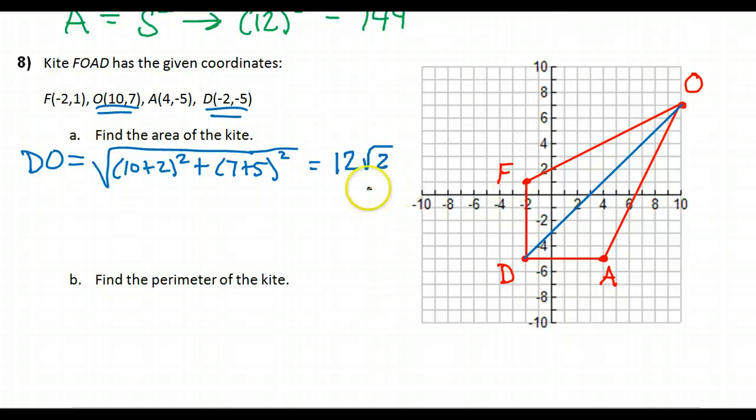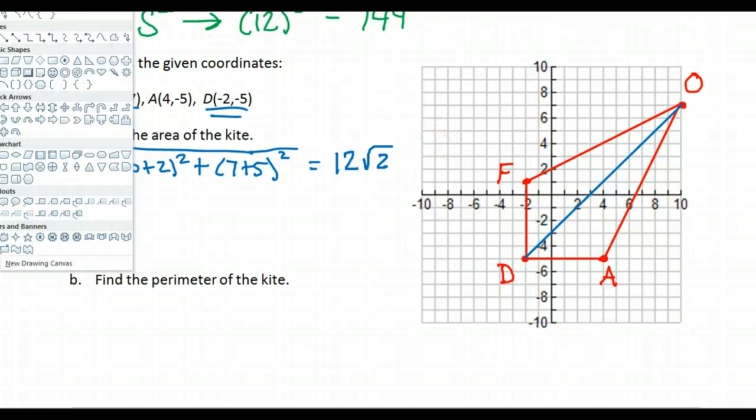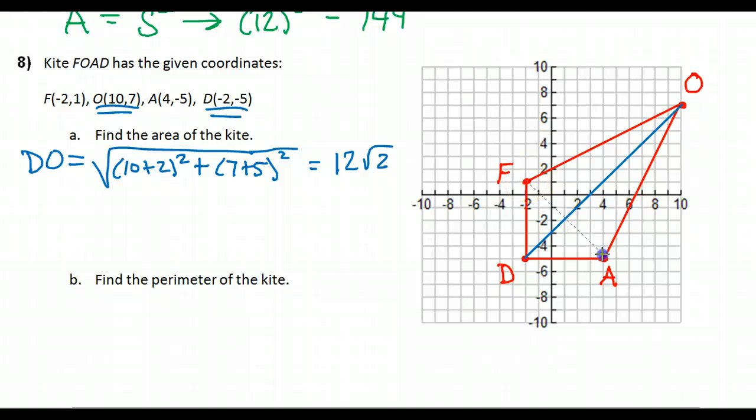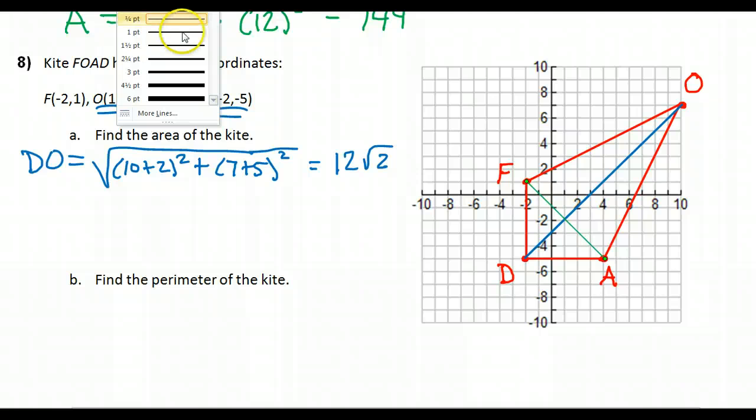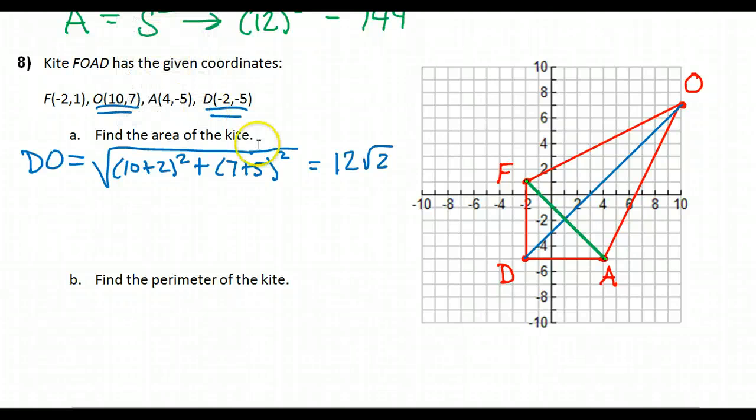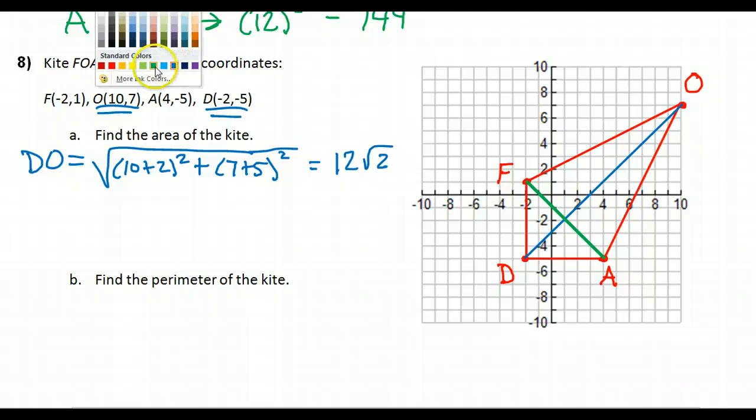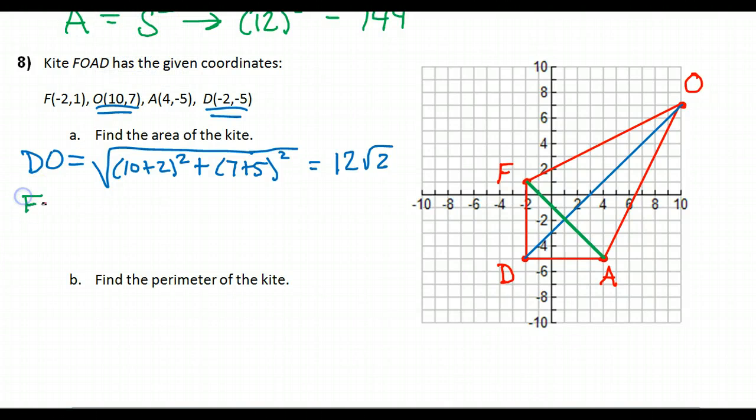All right, we need the other diagonal if we're going to find the area. So the other diagonal is FA. Okay, so here's the other diagonal right here. Okay, so we need to find that diagonal as well. So let's do it. FA.